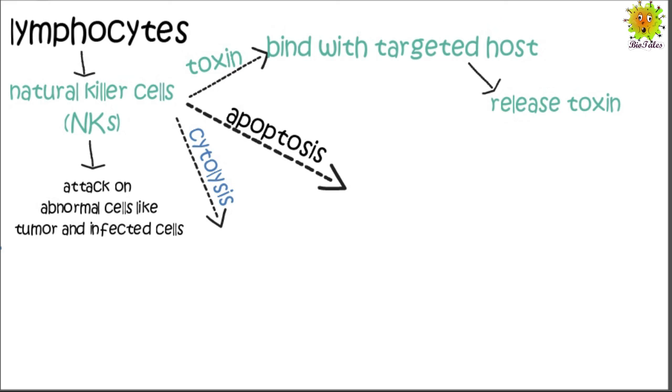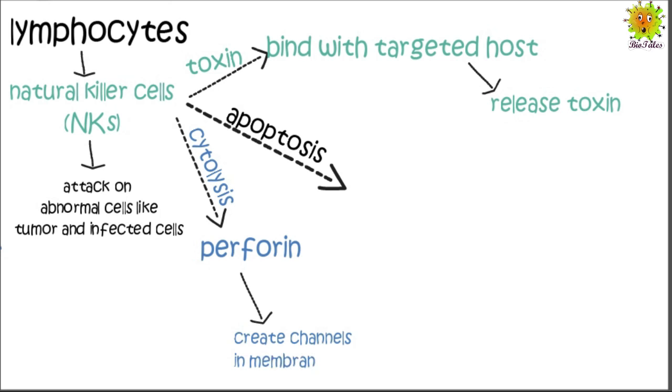Some granules of natural killer cells contain a specialized protein called perforin. Natural killer cells insert perforin into the plasma membrane of the host's target cell and create channels in these membranes. Due to these channels, extracellular fluid enters the host cell and the cell bursts due to cytolysis.